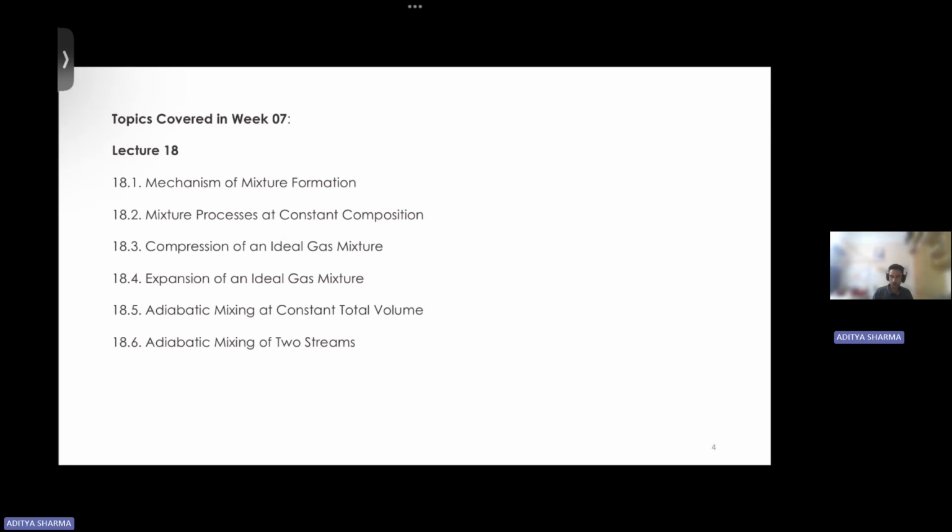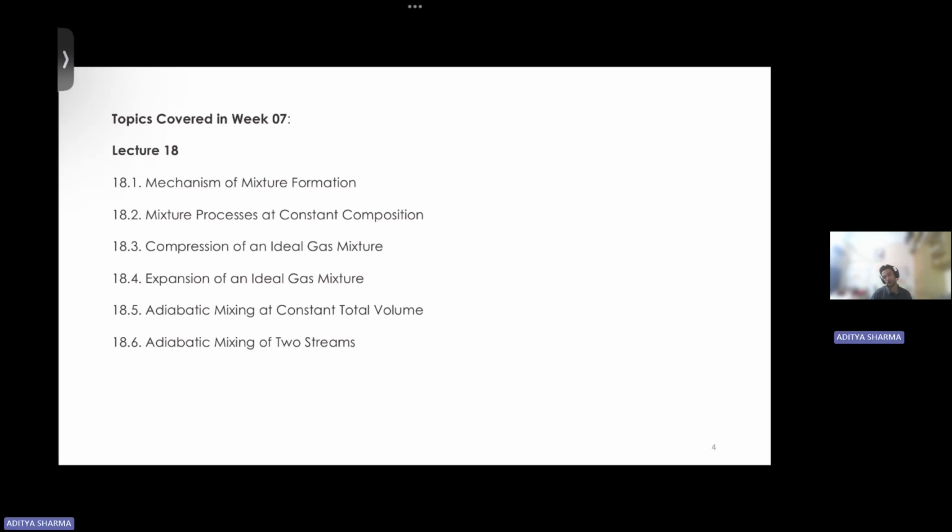So first is your mechanism of mixture formation. So how does a mixture form, and when a mixture forms, what are the changes that we see in the components in comparison to the way in which different components are in the mixture?